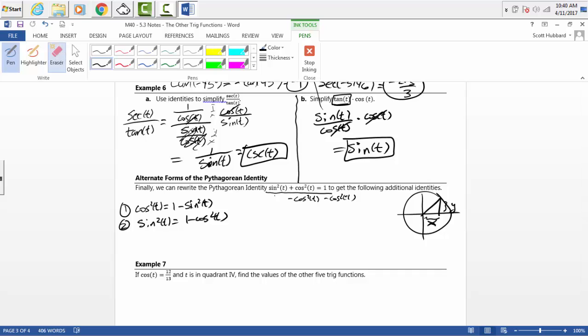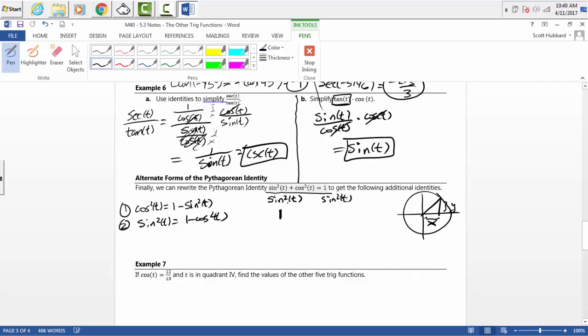But we can get two more that I want to write. If rather than subtracting, we divide by sine squared, so divide everything, left side and right side by sine squared, then we get the following identities. Sine squared divided by sine squared, that's going to equal 1.